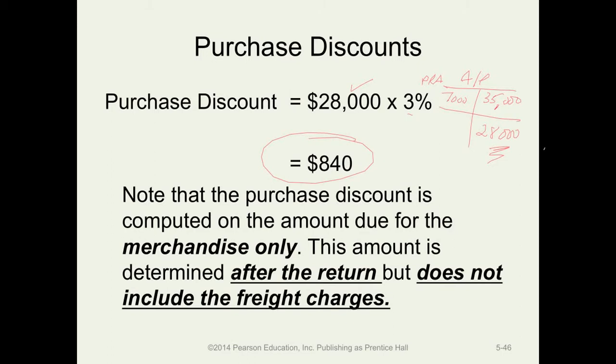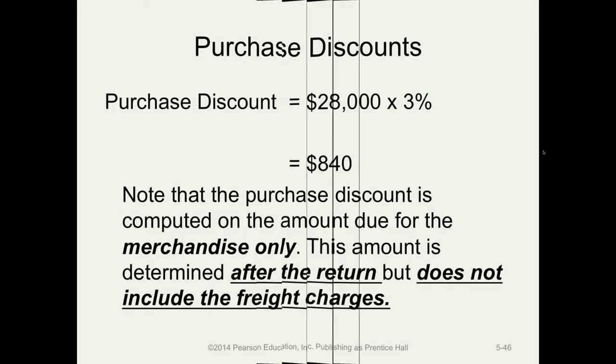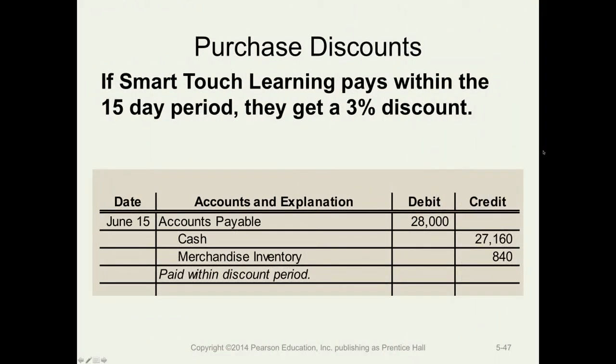Now, let's take a look at accounting if it's paid within the discount period. In this case, what is going to happen is that, again, we know that it reduces the cost of inventory, but the key is that the amount that is due, the net amount that is due in this case, is going to be $27,160. And how do we get that? Well, if we take the accounts payable balance, that was $28,000.